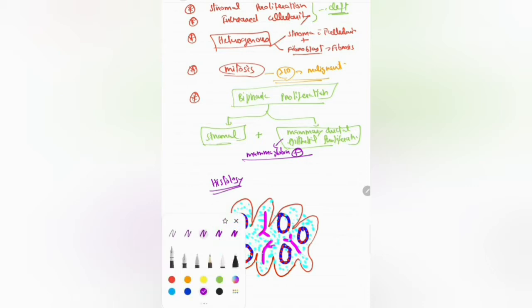If you see on histology, these are your ducts with the epithelial proliferation, ductal epithelial proliferation, plus these are your stroma, in which there is increased cellularity with your fibroblast.